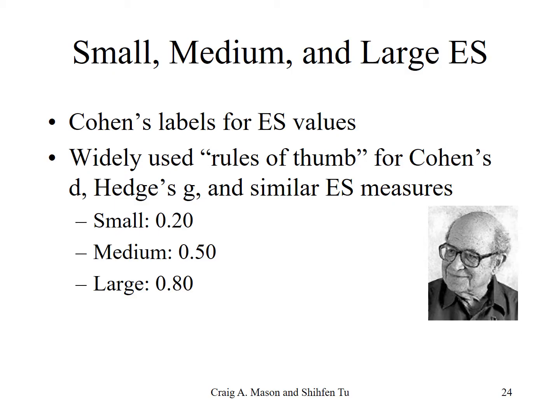Before moving on, I should also note that, like he did for correlation coefficients, Cohen proposed some widely used labels for different sizes of this general type of measure. Specifically, he suggested that an effect size of 0.20 was small, while an effect size of 0.50 was medium, and an effect size of 0.80 was large.